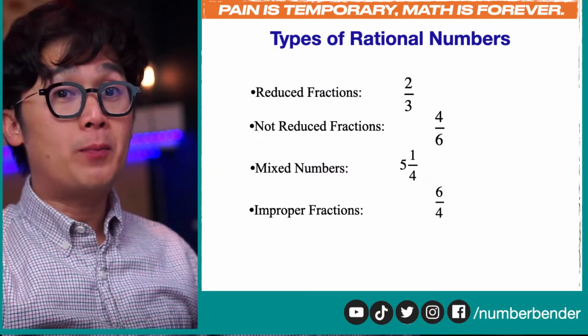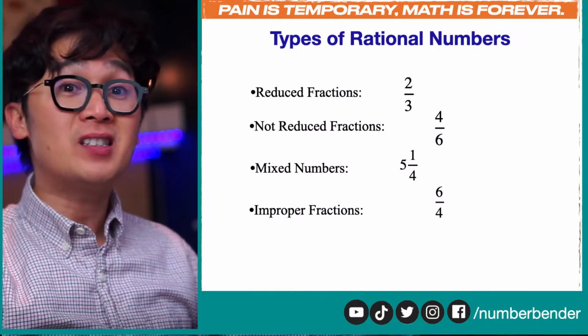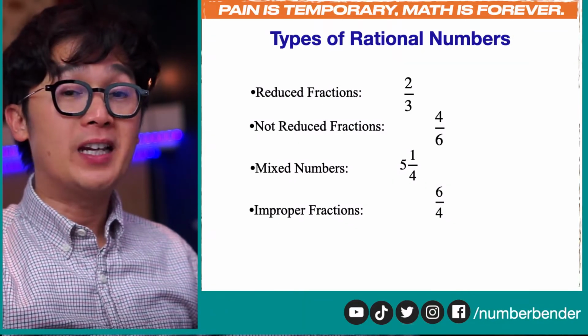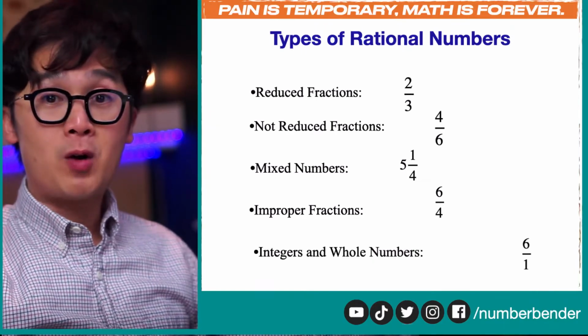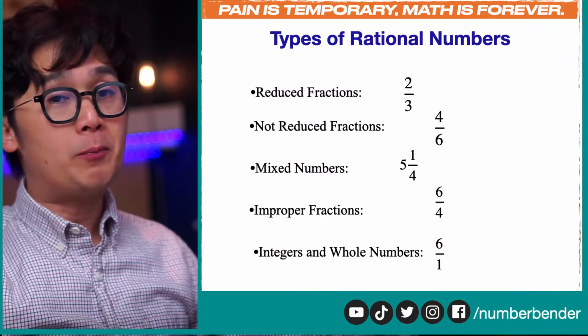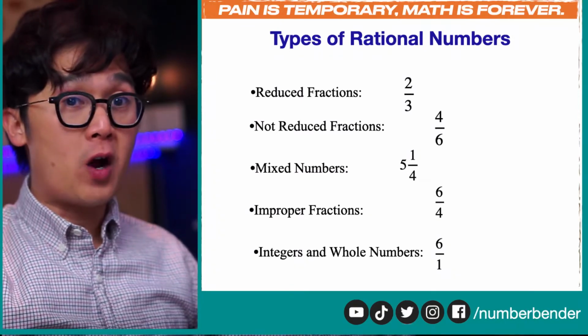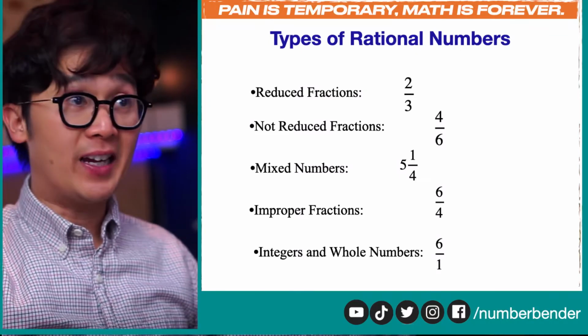Those are improper because the top is bigger than the bottom, and we can modify these improper fractions into mixed numbers. And integers and whole numbers can be represented in fraction form by introducing a denominator of 1.